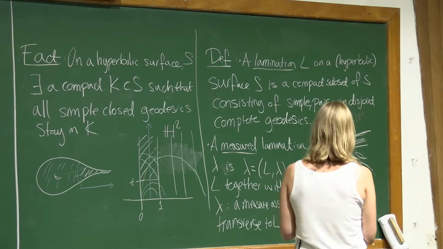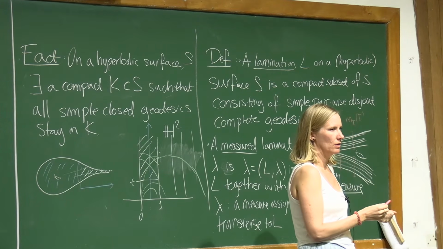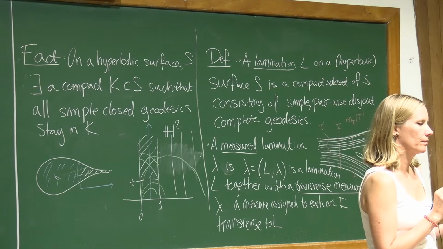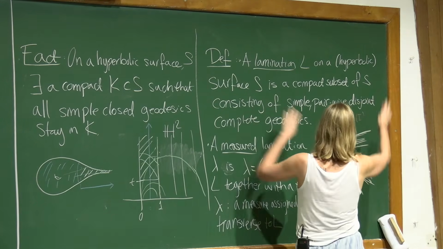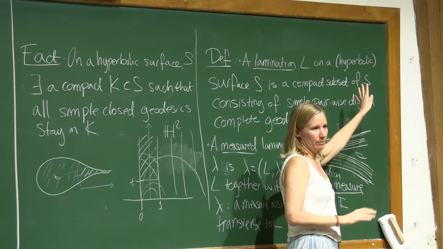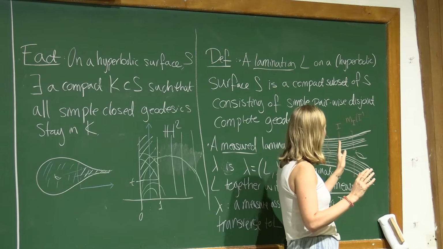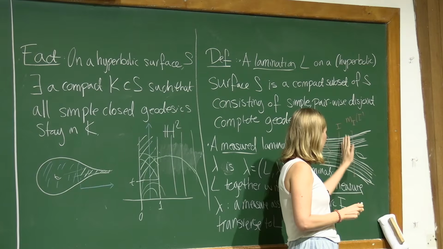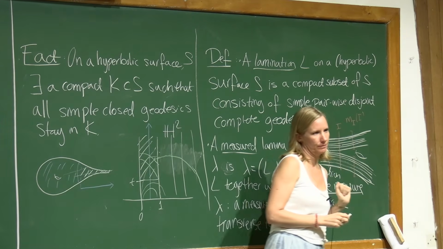If you change the section, do you have another measure? No, this goes all over my surface. So there are different measures for each arc, but they have to be invariant under homotopy relative to L. Yeah.